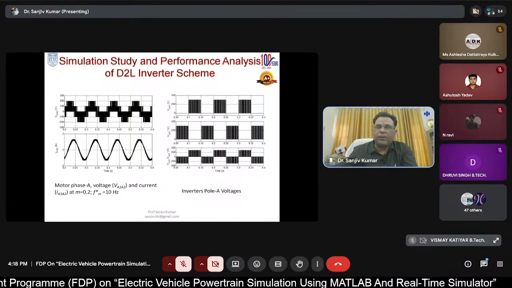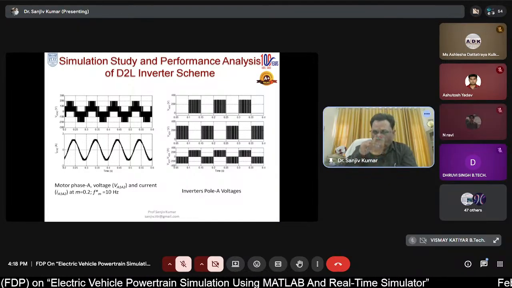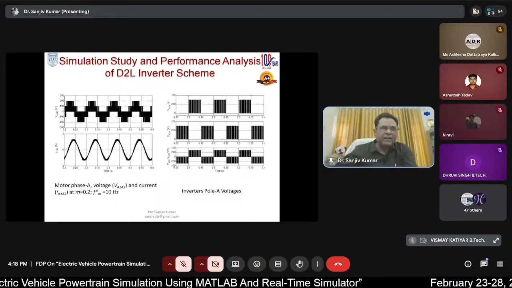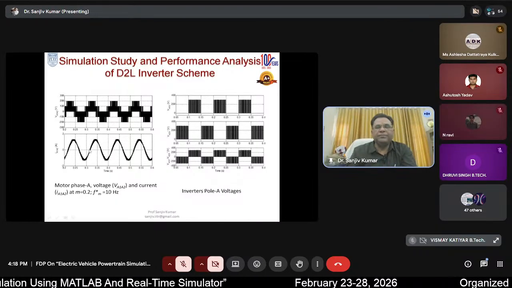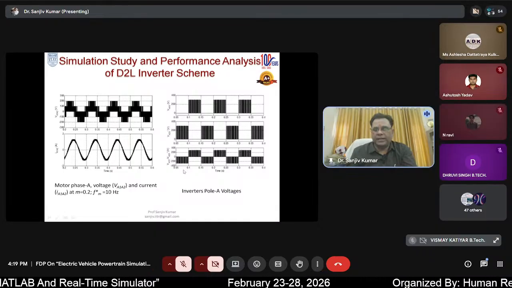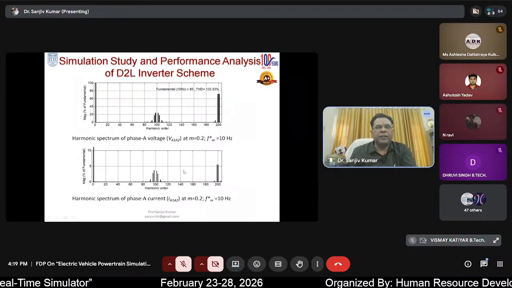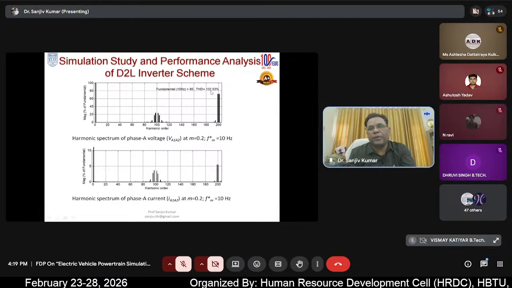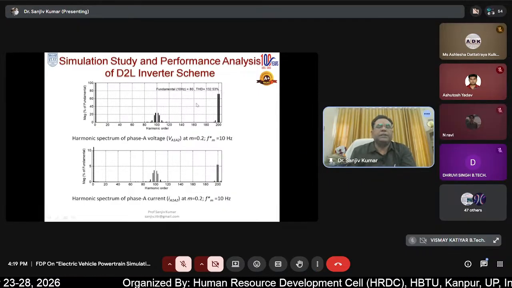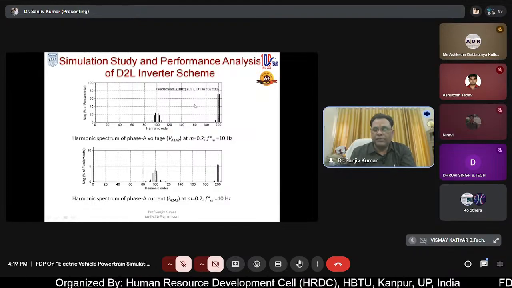Now when this inverter is operated at 10 hertz, this is the phase voltage, phase current, and pole voltage, pole current. Now if we see, the THD is somewhere around 132.53. It is operated in 2-level mode.